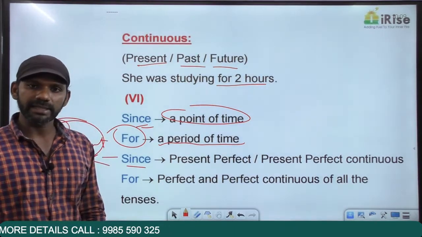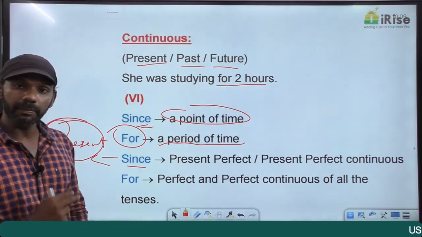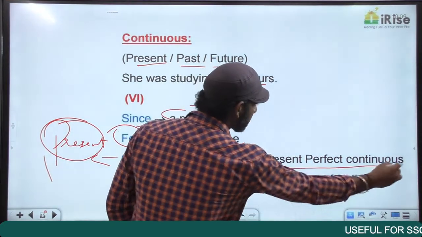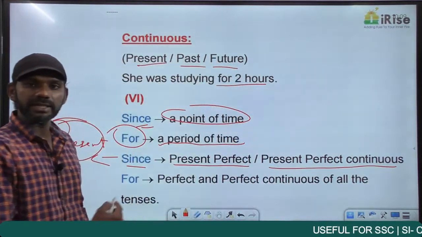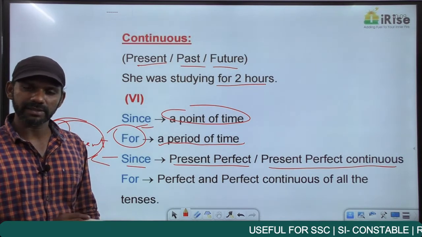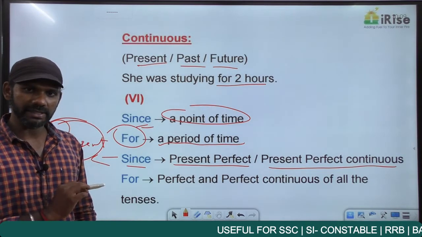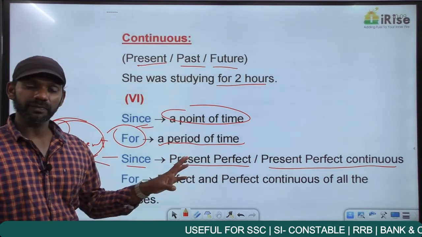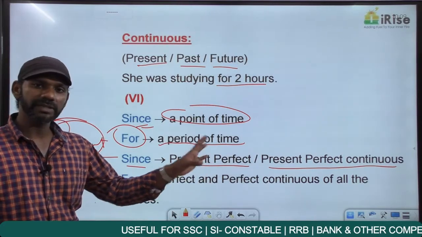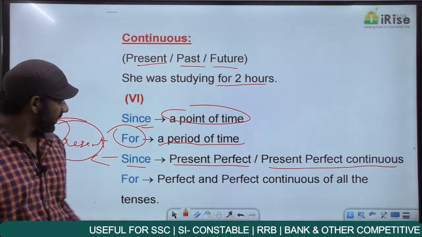The two categories in which since appears are present perfect and present perfect continuous. So since appears only in the present tense, and the two categories of present tense in which we can find since are present perfect and present perfect continuous.